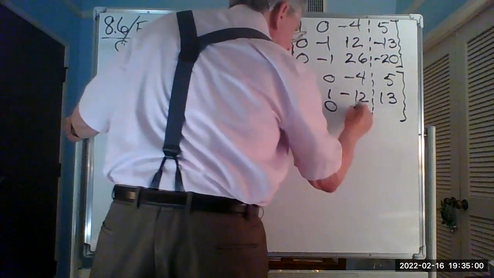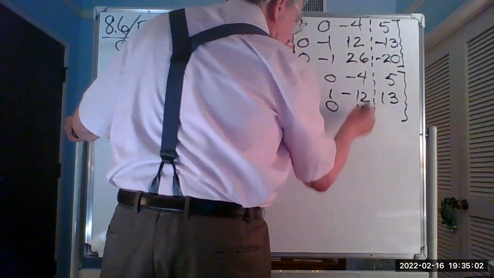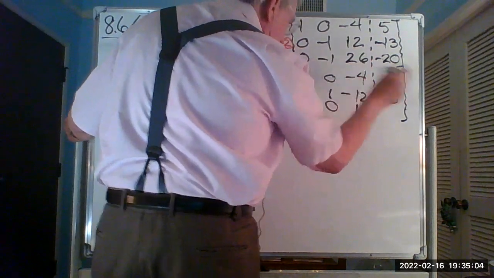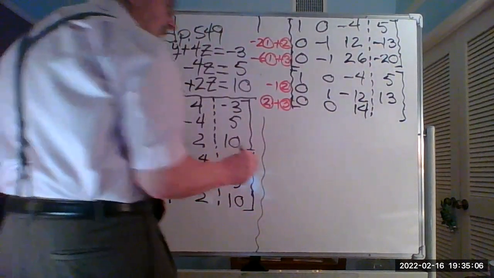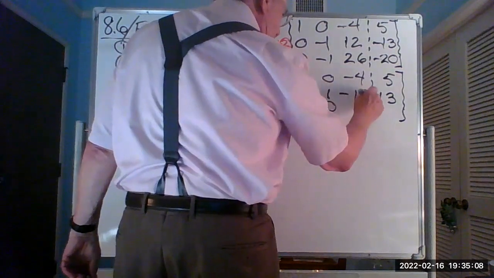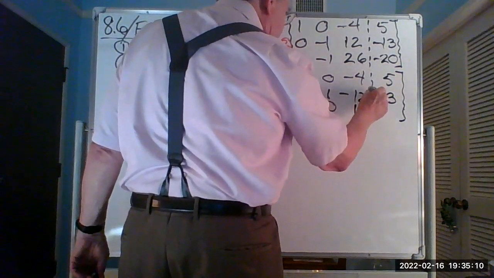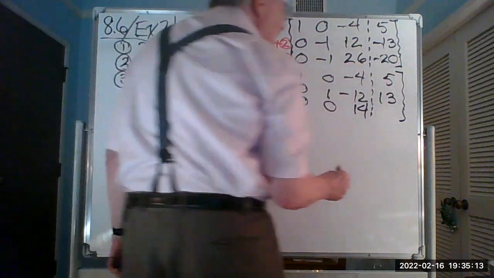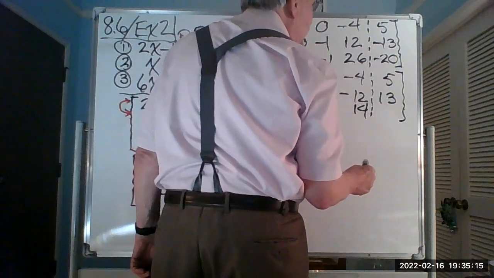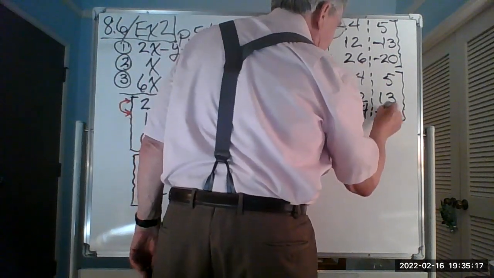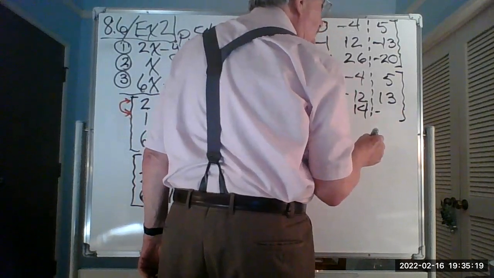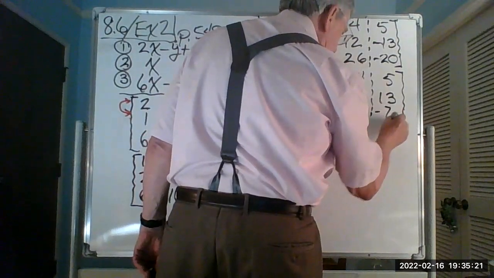Is that right? Let me check my arithmetic there. That looks good. And then finally, +13 minus 20 is -7. Okay, good.